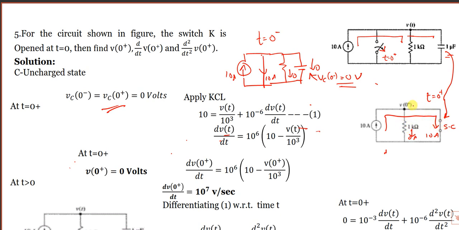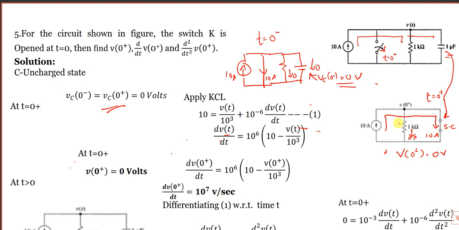Since it acts as a short circuit, V of 0 plus is 0 volts, because short circuit means 0 volts. Or if you consider this resistance, 1 kilo ohm into 0 amps, the current is 0 because the 10 amps goes through the 0 resistance short circuit path.